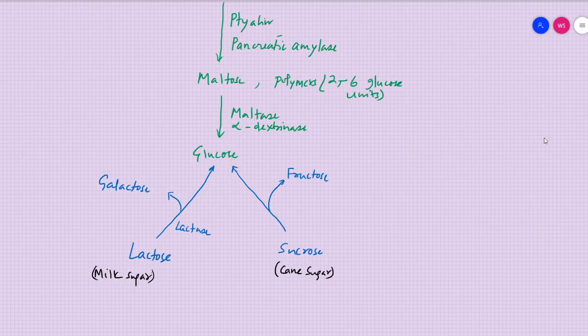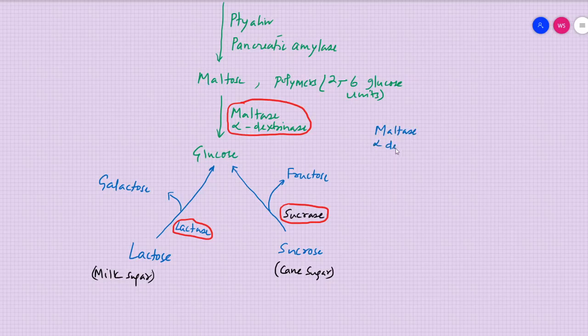Now the enzyme for sucrose is sucrase. So we have sucrase, lactase, maltase and alpha dextrinase.